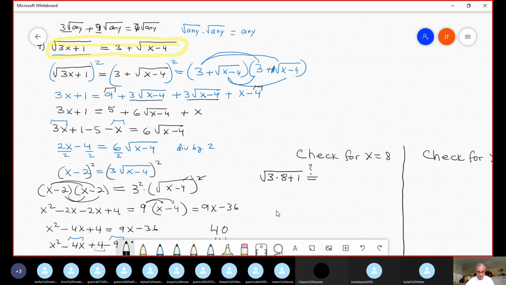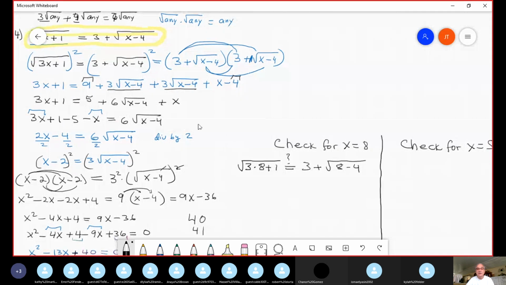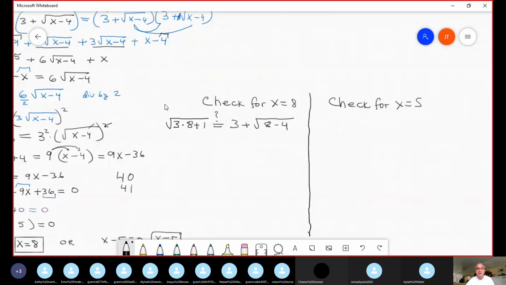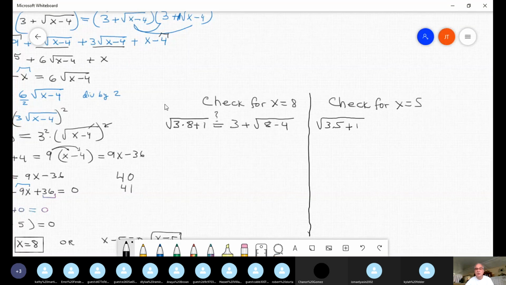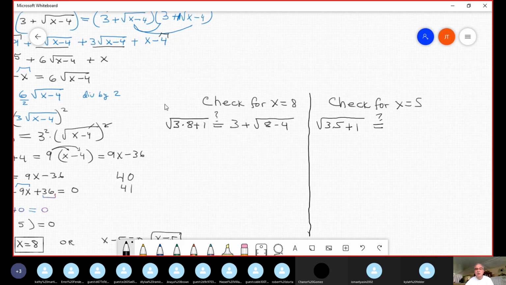I claim that, because I am not sure this statement is true or false. Likewise, I am doing it for 5: the square root of 3 times 5 plus 1 should be 3 plus the radical of 5 minus 4.